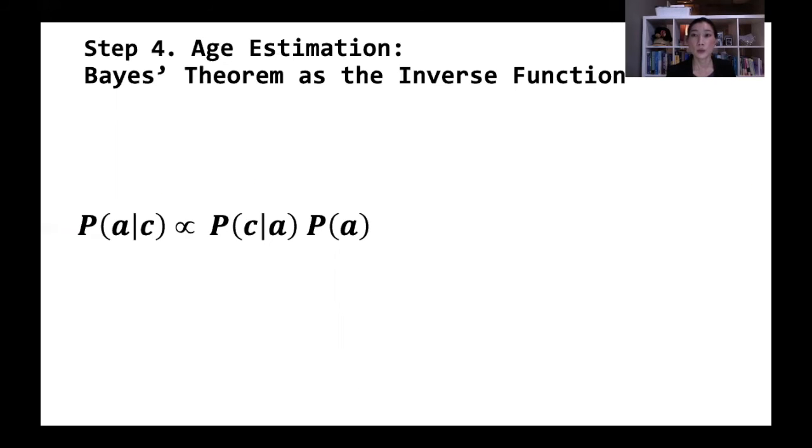Once we get the transition analysis part done, we are going to utilize the parameters by combining them with Bayes' theorem as the inverse function to get final age estimates. So just to give you a quick outline of how Bayes' theorem works here to give us age estimation.